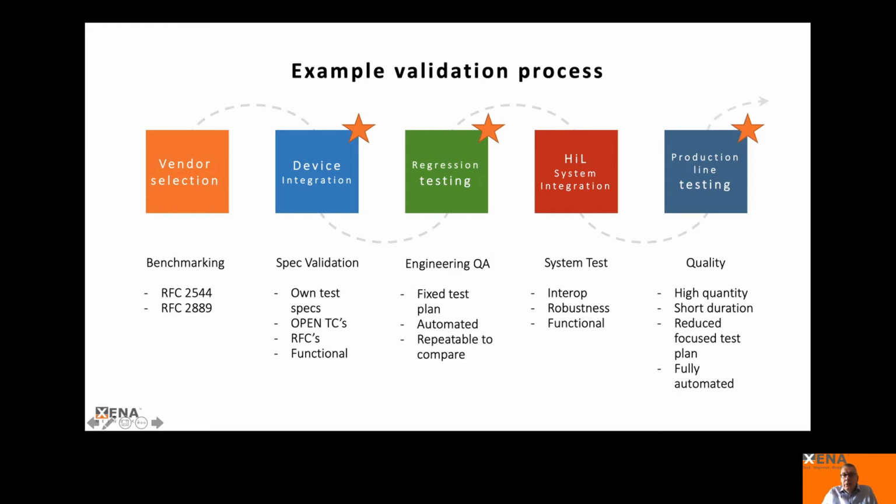And then, for sure, you're going into the production line testing, end-of-line testing to ensure production quality. This is usually a high-quantity test, so multiple ECUs in a very short duration with a reduced but focused test plan, and for sure fully automated to be quick in the execution.